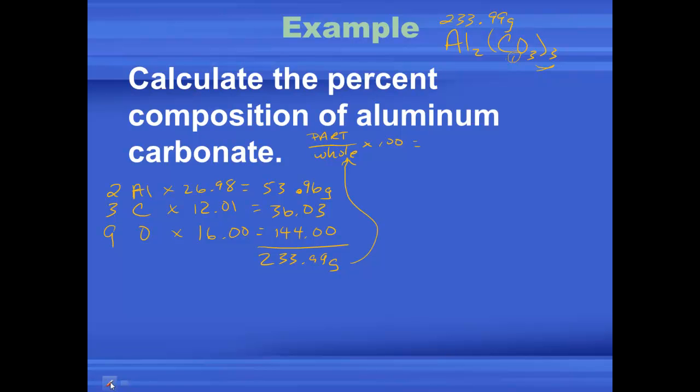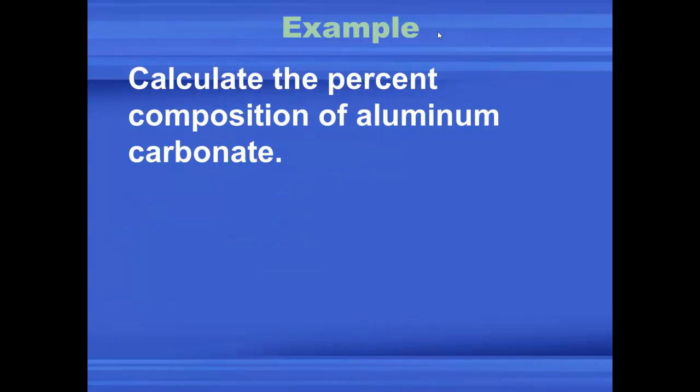So again, I'm going to clear the ink so I just have more space to work. So I'll rewrite our formula, Al2(CO3)3. And we said our molar mass was 233.99 grams.